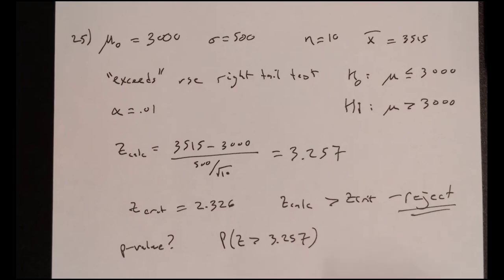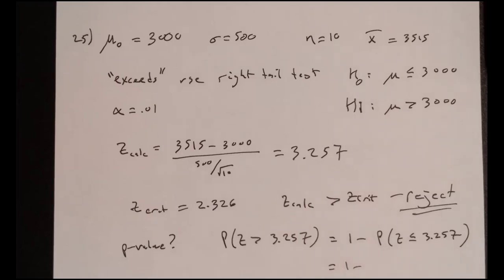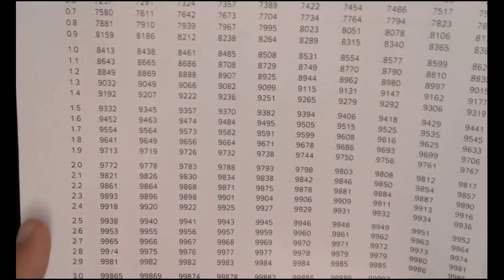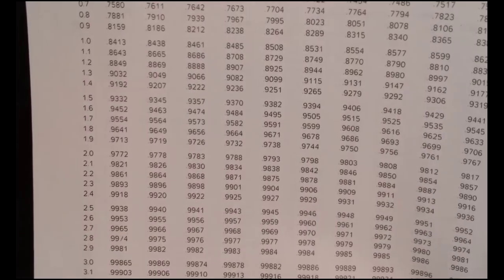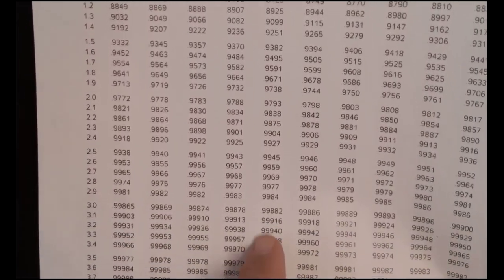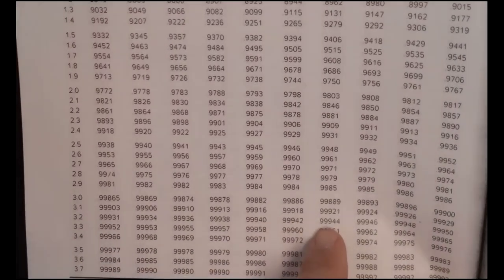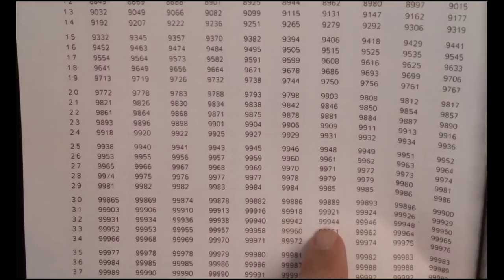So this is 1 minus the chance that we are less than or equal to 3.257. Now, the downside is that my table only goes to 2 decimal places. So I have to use 3.26 on my table. And when I pull up 3.26 on my table, I get 0.99944.